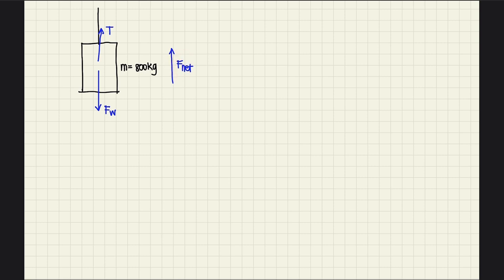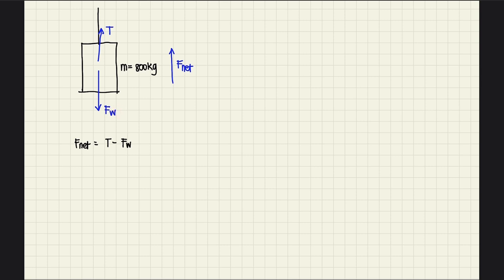This net force is equal to the tension minus the weight of the elevator. I hope that you understand that. Because the elevator will move upward, then we know that the tension is greater than the weight of the elevator.